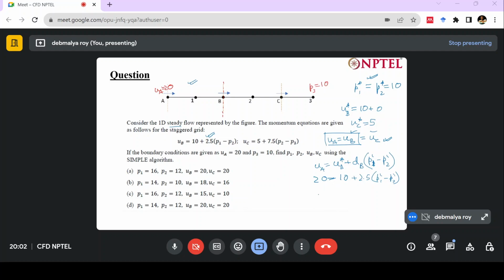Similarly, we will do the same thing for UC. UB is equal to UC. So UC will be UC star plus DC into P2 dash minus P3 dash, equal to UB star plus DB into P1 dash minus P2 dash.